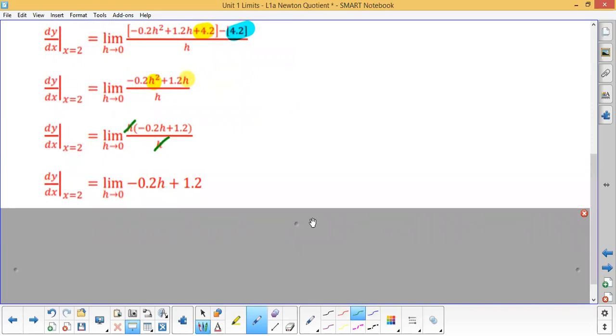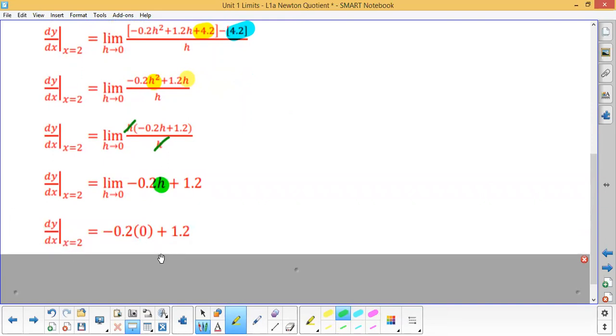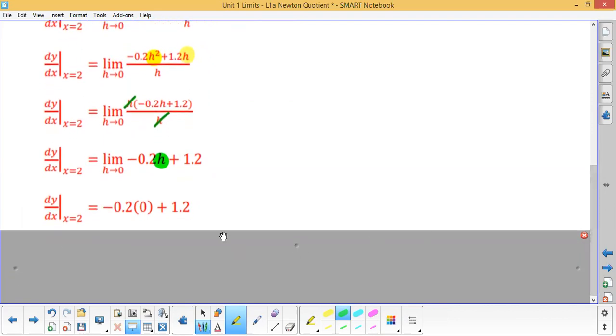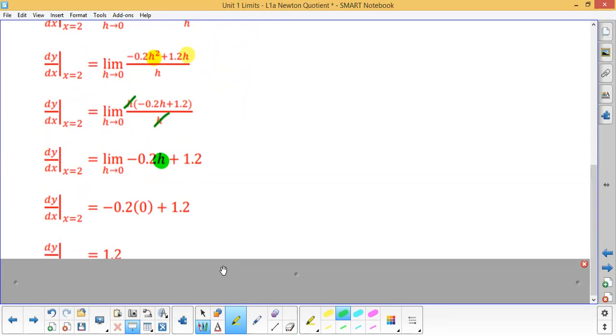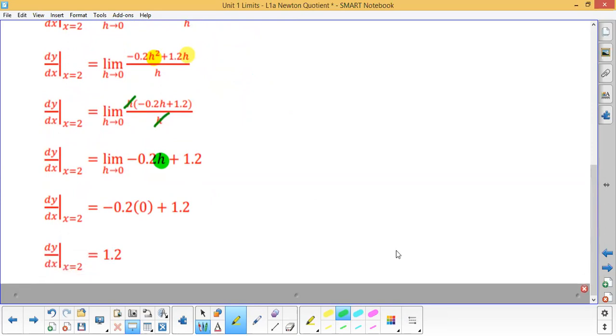Now, once you do that, wherever you see an h in the equation, we can replace that h with the 0, which will look something like this. So I'm not plugging in 2 into the equation. This is the equation of the tangent line at x is equal to 2, but I'm simply plugging in 0 into the equation.